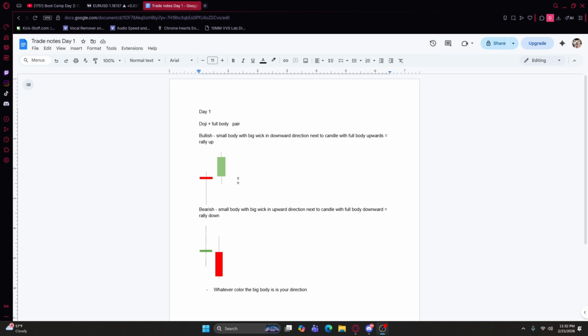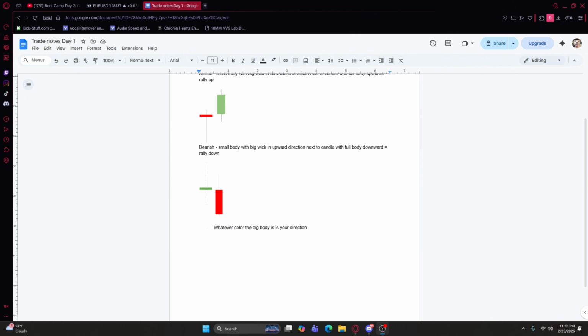And this is my diagram I drew. This is an original diagram. Bearish direction is a small body with a big wick in the upward direction next to a candle with a full body downward, equals a rally down. Whatever color the big body is, that's your direction.